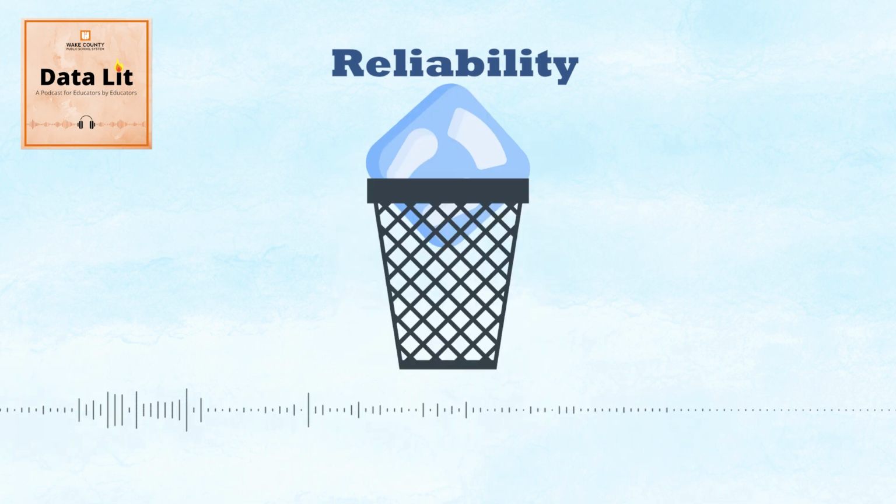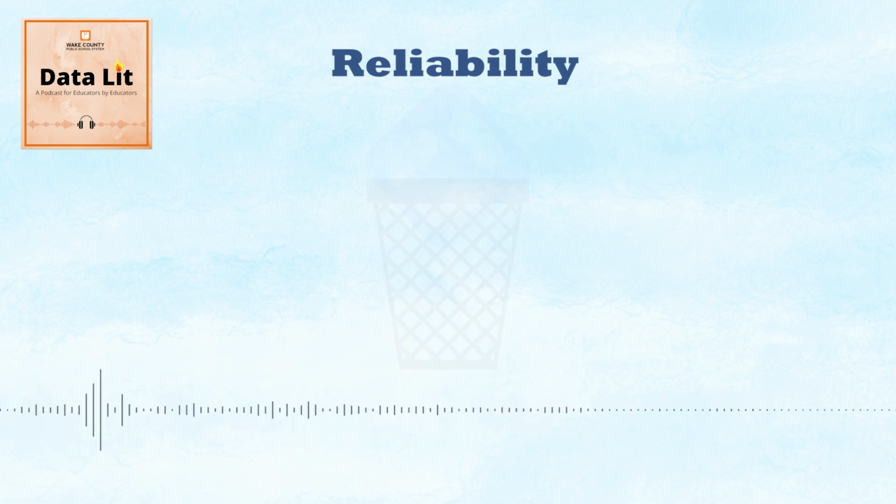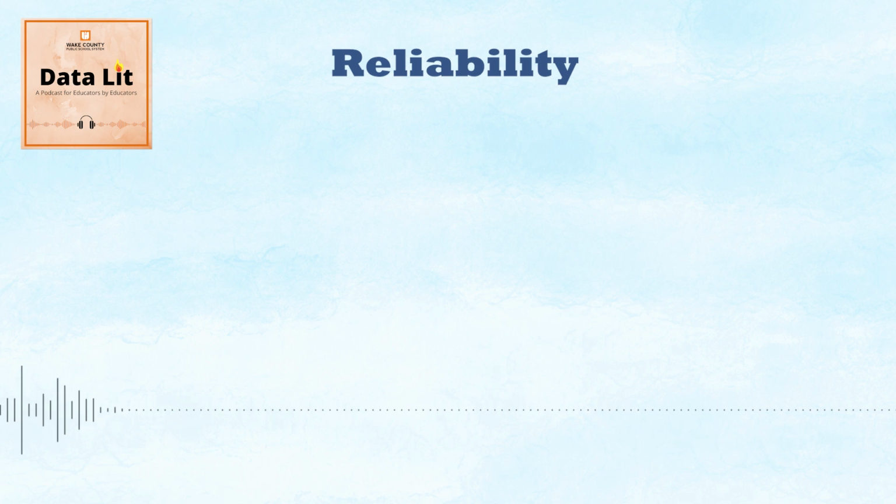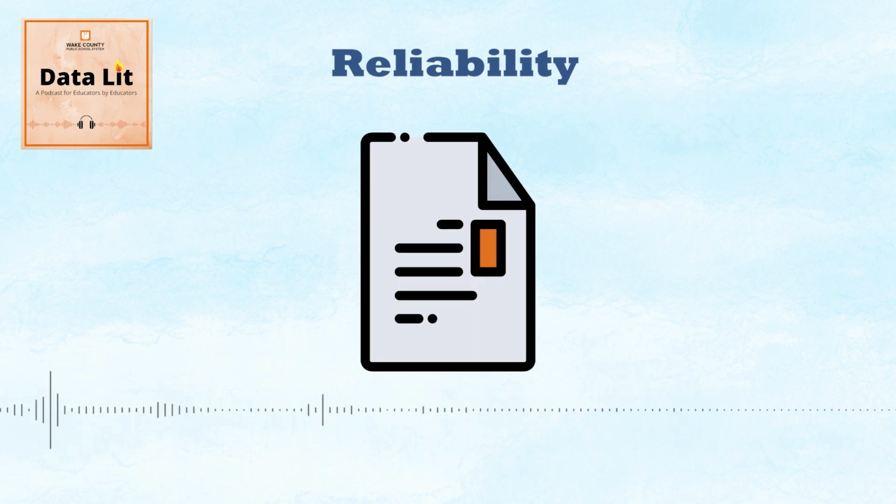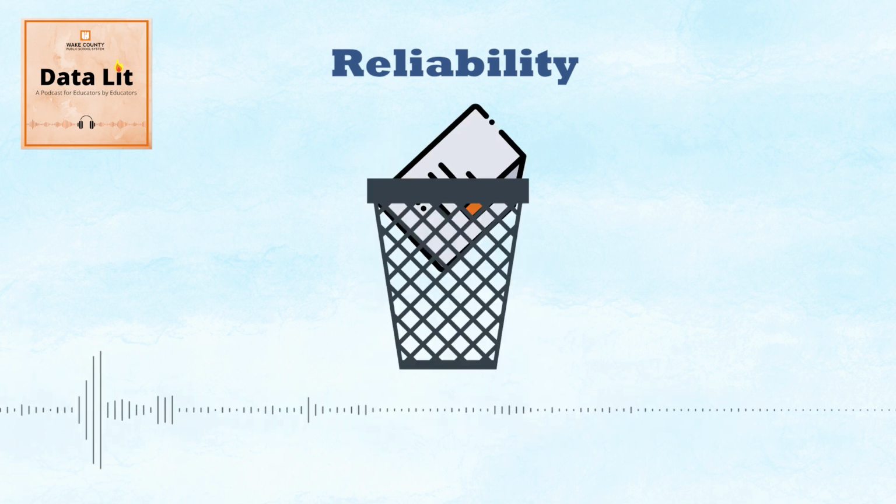That's the exact same thing we would do in educational assessment. Imagine if you gave an EOG or an EOC to a kid one day and it said they were a level 5, and the next day it said they were a level 1. That's ridiculous. Throw it away. It shouldn't be used.